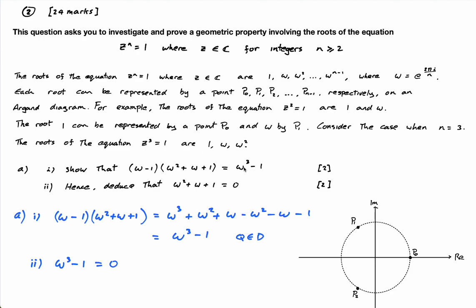So that means omega cubed equals 1. So 1 minus 1 equals 0. So I'm just going to say omega cubed minus 1 equals 0, as omega is a root of z cubed equals 1.